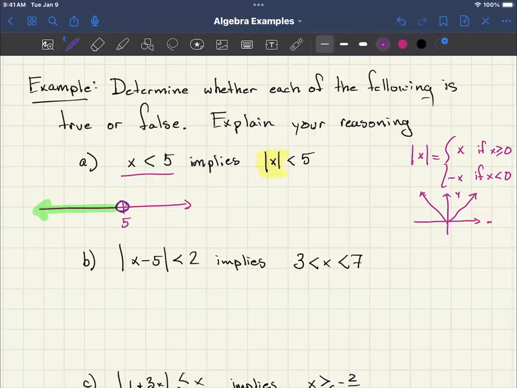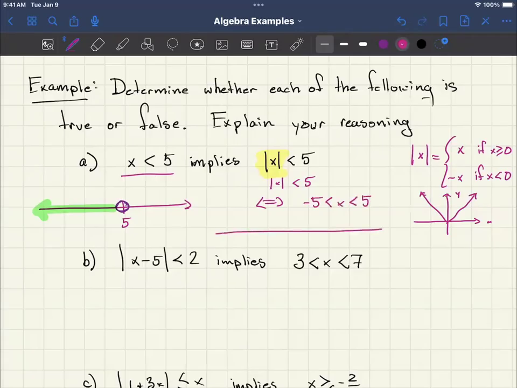Now, when we go to absolute value of x is less than 5, one of the implications of our definition means that this can be rewritten as x lives between 5 and negative 5.